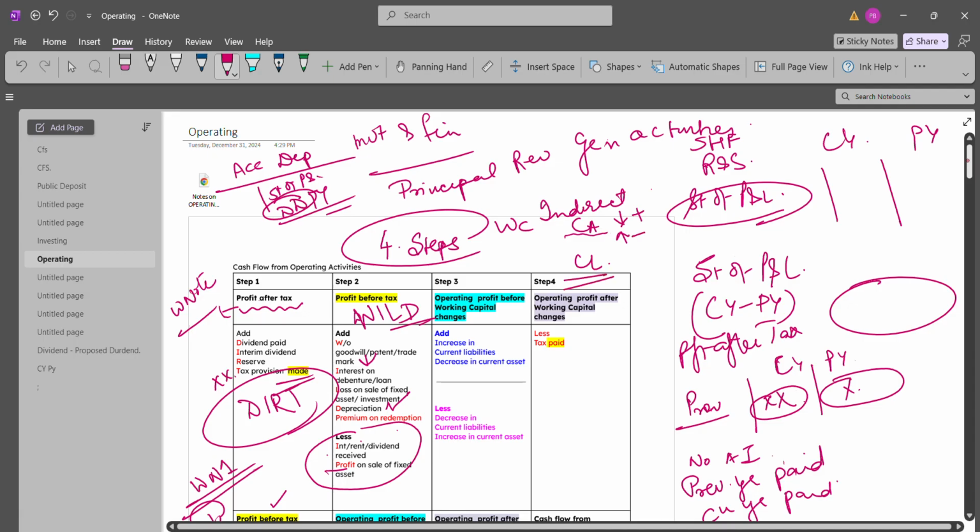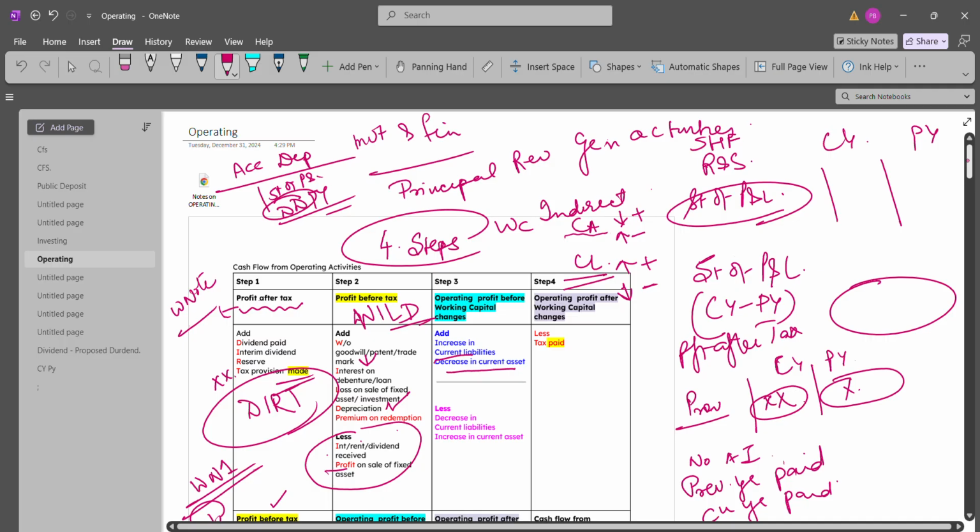Current liability has a direct relation: increase added, decrease deducted. So what do we add? Increase in current liability. Current asset has a reverse relation, so decrease in current asset. What do we deduct? Decrease in current liability, increase in current asset.